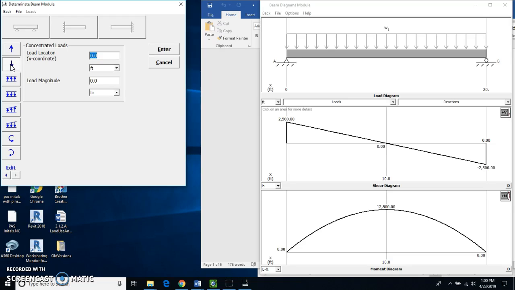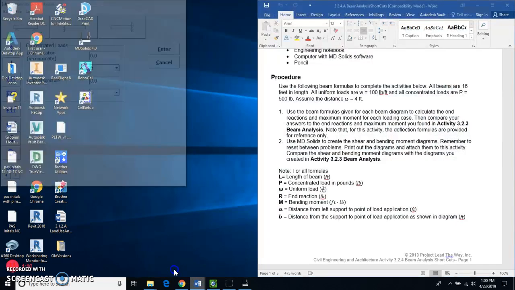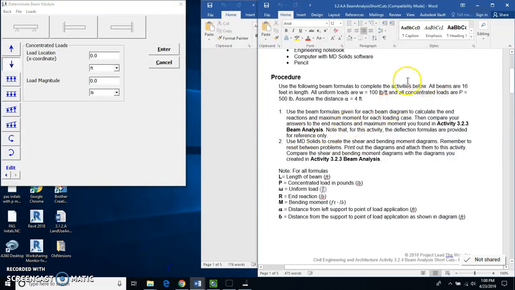So the concentrated load. Now, instead of the load location being at the middle, which would be 10 feet, with this problem, and you're going to run into this when you're doing the 3-2-4 shortcuts, you're going to see that it says assume the distance A equals 4 feet.